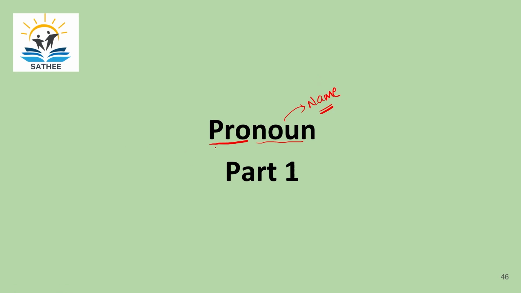Now, here we have one more word, that is pro. What does this word mean? Pro is actually place, in place of something, or replacement. If we look at this word carefully, it means place of, or you can say replacement of a name, replacement of a noun.